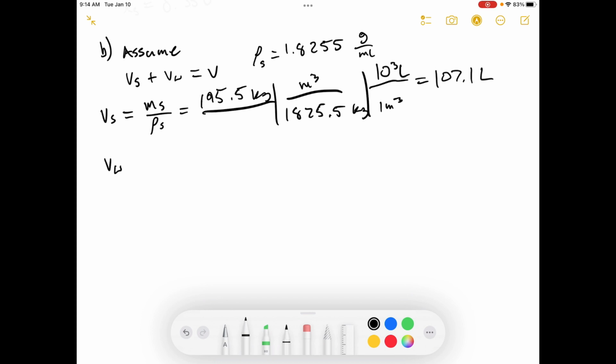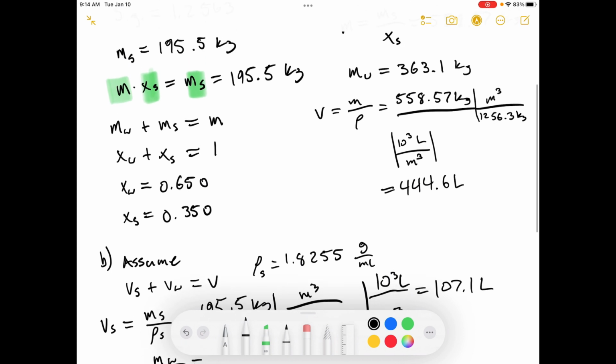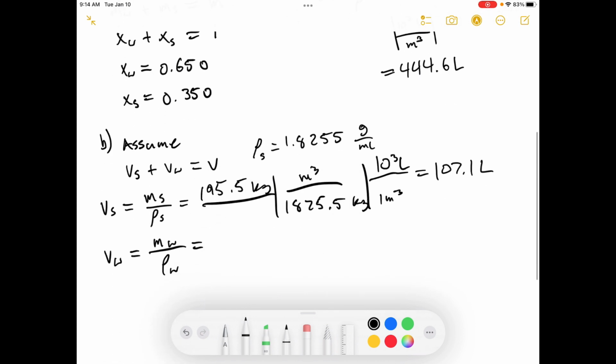And the volume of the water, the mass of the water is 363.1.